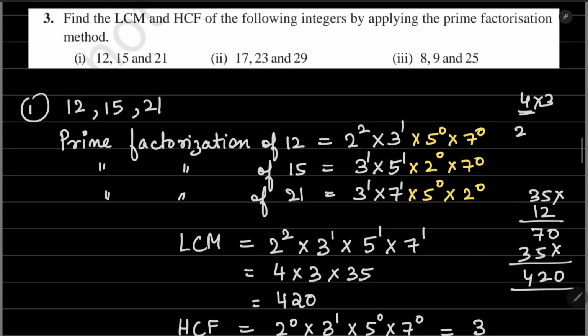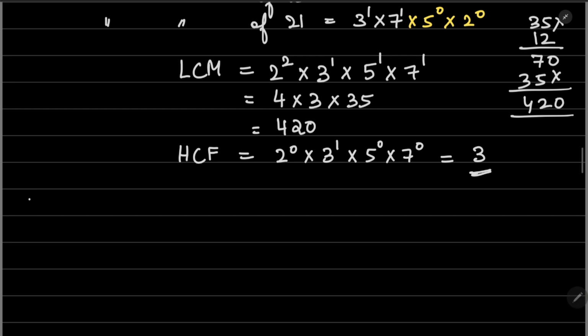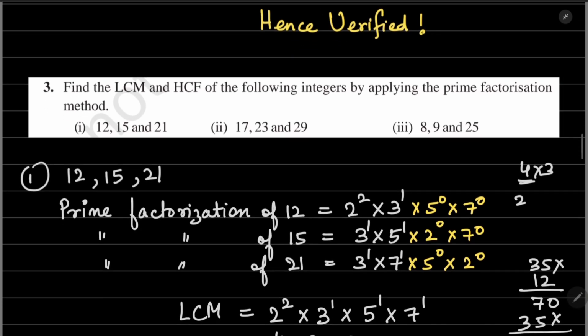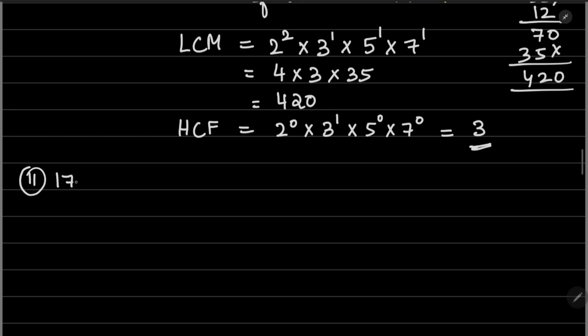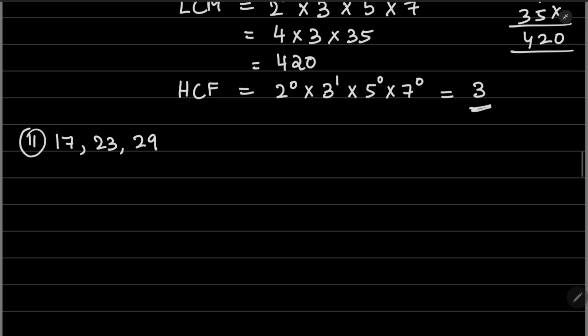The second question is to find the LCM and HCF of 17, 23 and 29. Again, a very unique question because all 3 are prime numbers. So how will you write this?